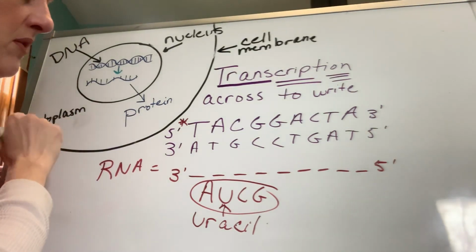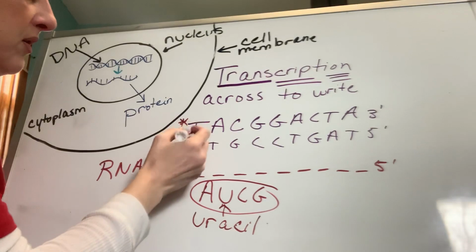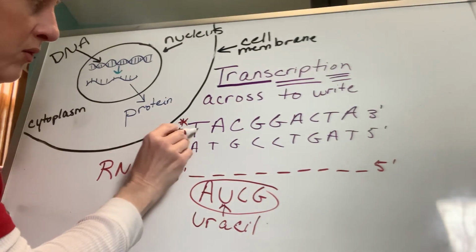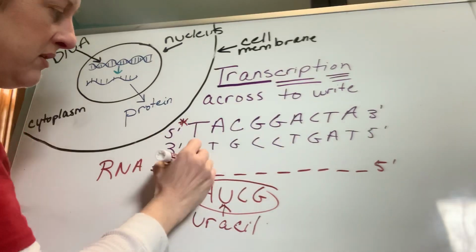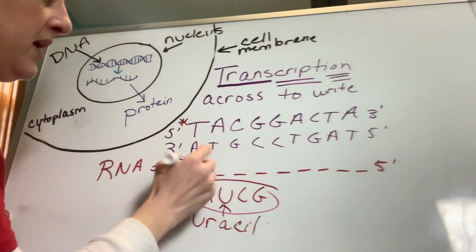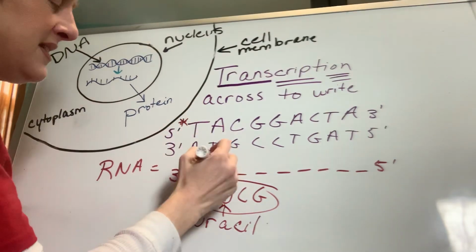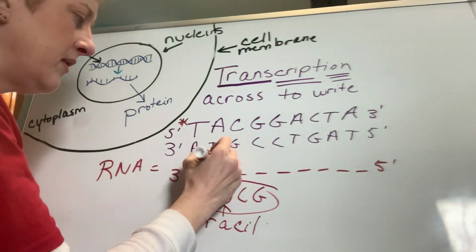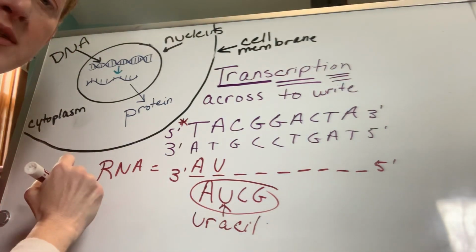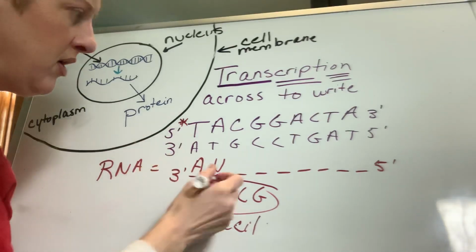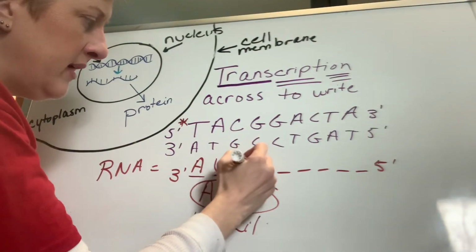Okay. All right. So I'm going to transcribe, and I'm going to write what matches across here. Well, T always pairs with A. Normally I would write a T, but that is not what is complementary to this. So I'm going to write U because this is RNA. Remember, when you see a U, you know this is RNA. I'm going to keep going ahead.